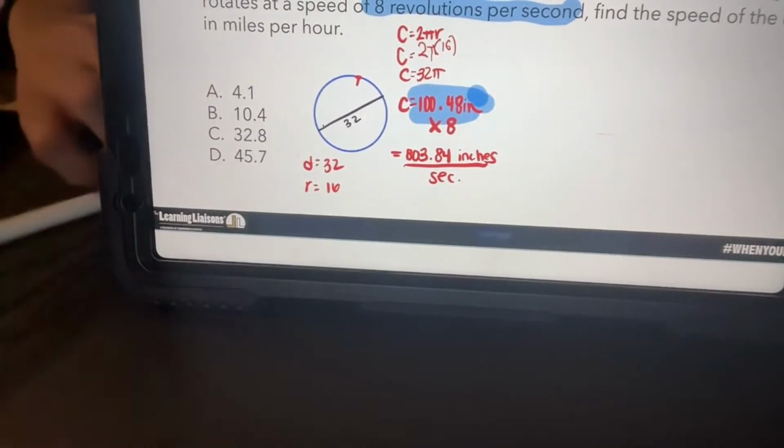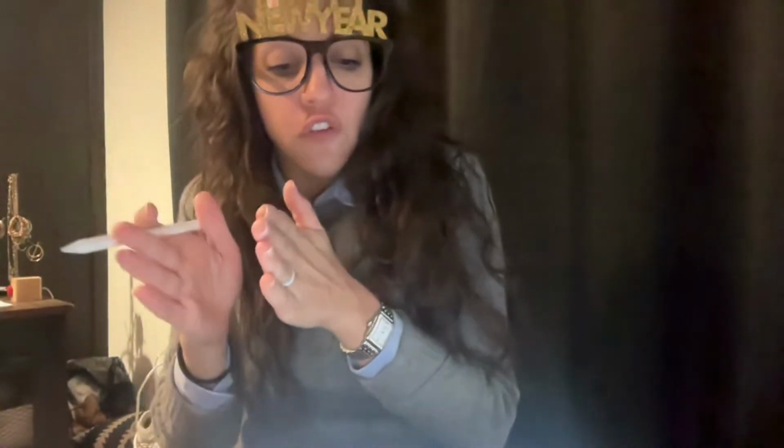Now I need to do all of my conversions. Remember, I'm going to do a conversion path because I need to get from inches per second to miles per hour. I personally like to do one conversion at a time. So I like to do either my distance or my time. I don't like to do both.